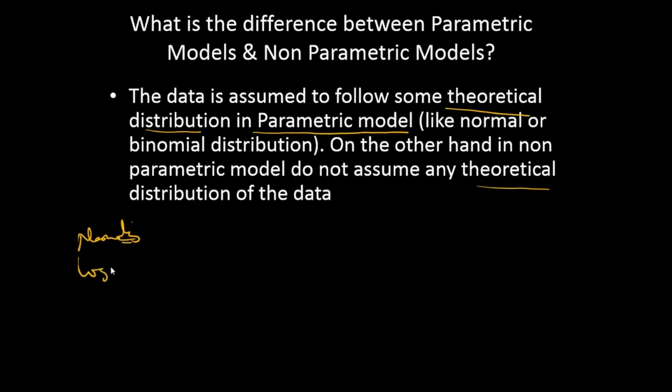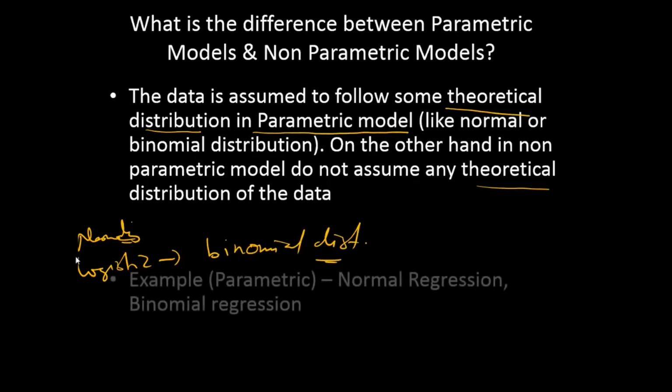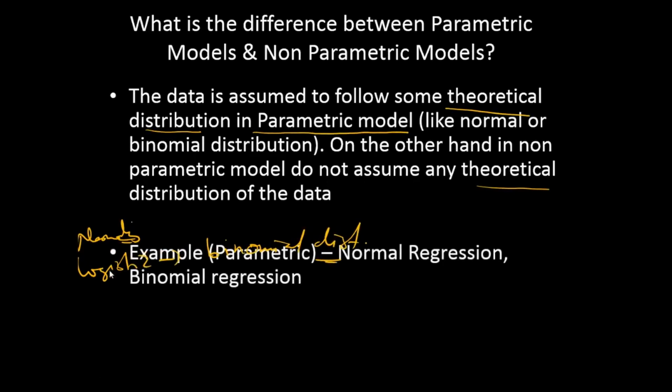So when you're doing a multiple regression, we generally assume that the error is normally distributed, whereas in logistic regression, there is an assumption of binomial distribution, right? So these two models, your multiple regression model and the logistic regression model, come under parametric models. But there are models where there is no such assumption. The algorithm itself finds out what exactly the actual distribution of the data is, without assuming beforehand.